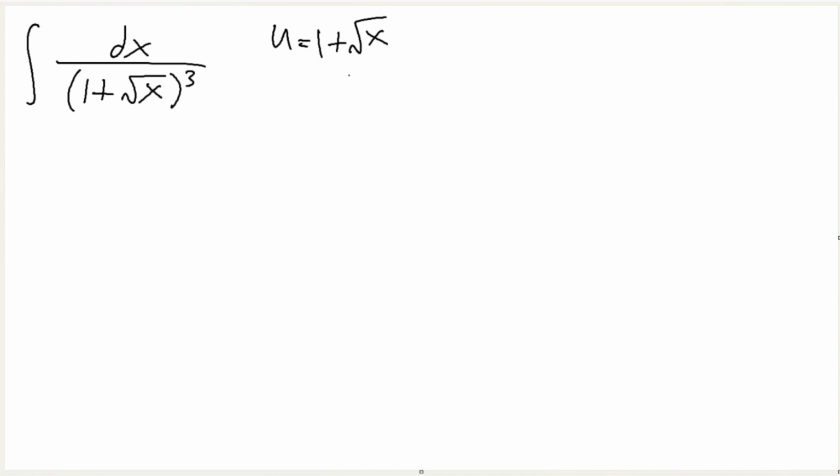Let's see. If I let u, what would be better? U equals this, or u equals this cubed? Well, the thing is, we have nothing for our dx, right?